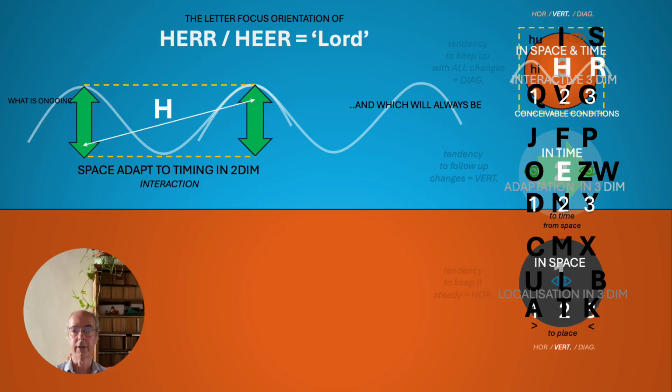For the case of H and R, I will also use this case what is used in the background, which are the dimensions, and also the way how we orientate ourselves into space, into time, and into space-time differently. But in all the starting points of the 1, 2, 3 rows that you have there of letters in the order of letters of complexity, they all start with a basis in the horizontal orientation.